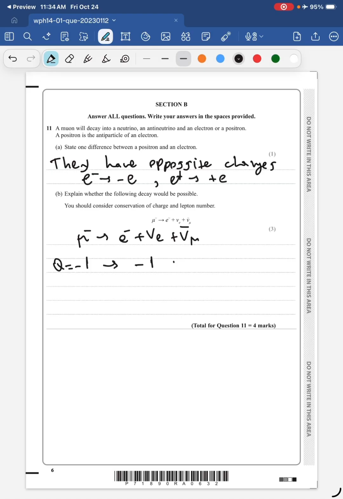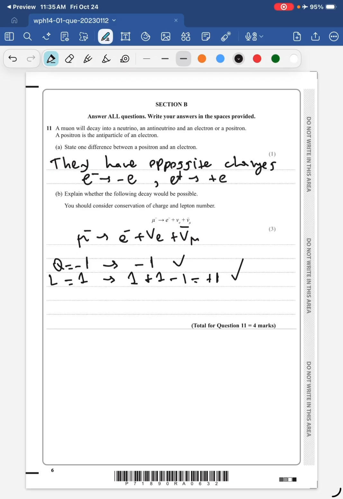Okay, that's okay. Then the lepton number should be conserved. The lepton number is 1 on the left hand side, and on the right hand side we have 1 for the electron plus 1 for the electron neutrino minus 1 for the muon antineutrino, so plus 1.